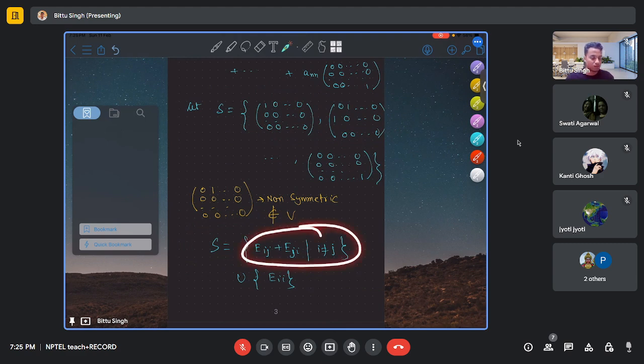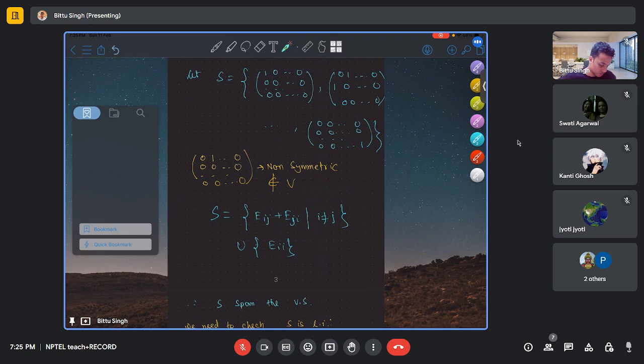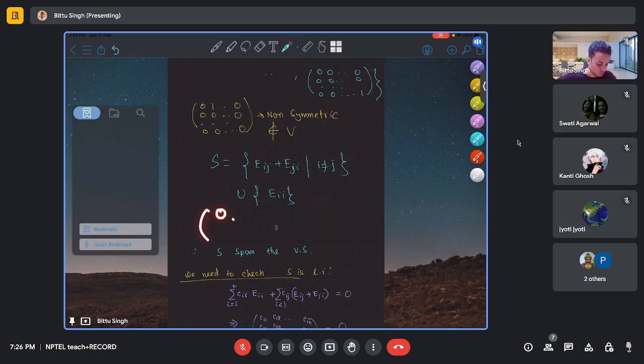And another thing is Eii, corresponding to diagonal entries. That is 1, 0, 0 everywhere, and similarly 0, 1 and 0, 0 everywhere. Those are written in the notation Eii.